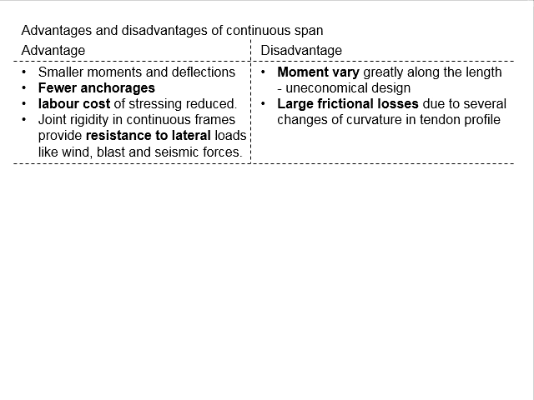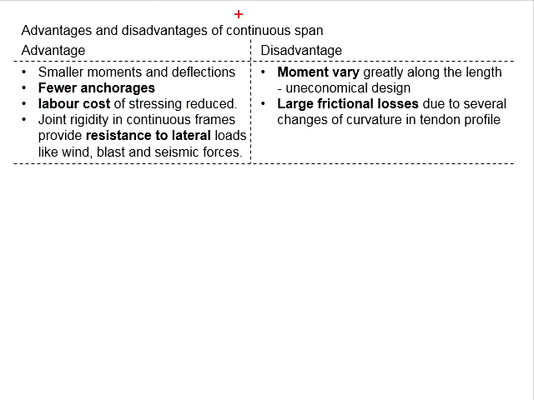Second, if you're doing pre-stressing on the continuous member, fewer anchorages will be required. One continuous tendon may stretch between several spans, and the number of anchorages may be reduced significantly. This will also reduce the labor cost for the stressing operations.